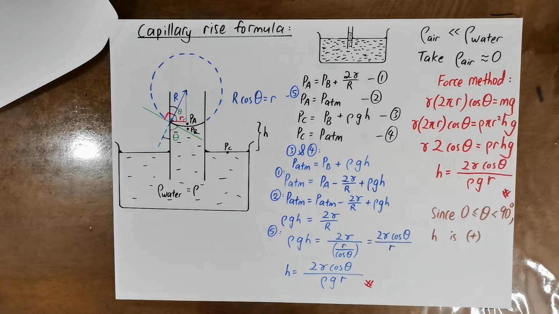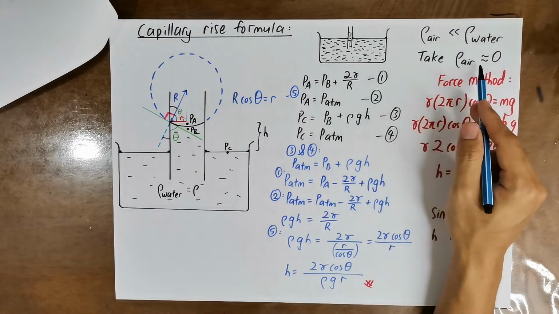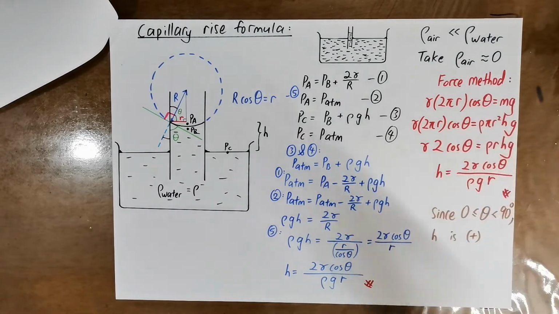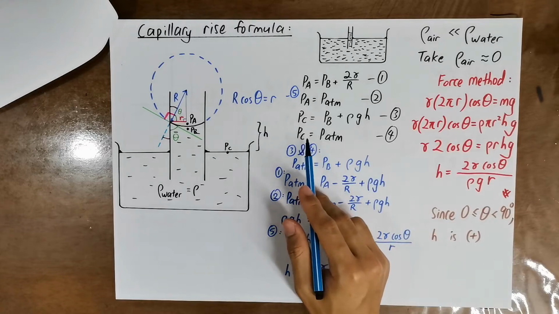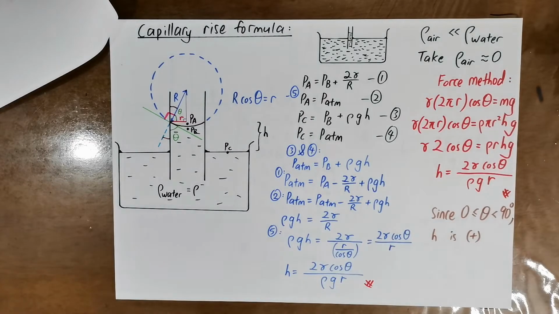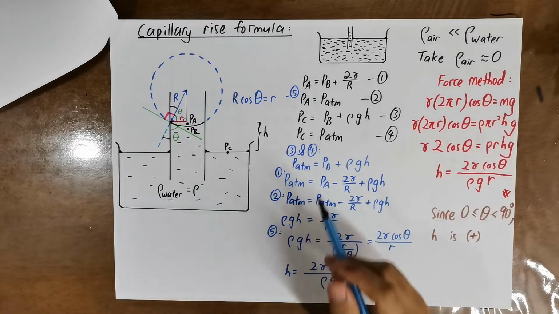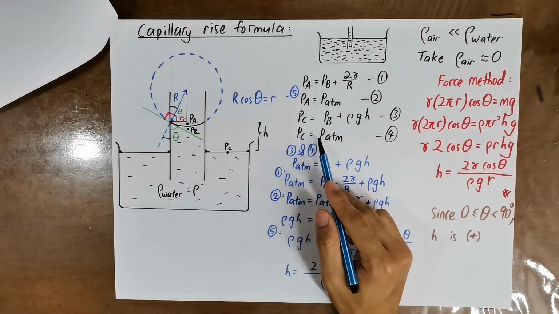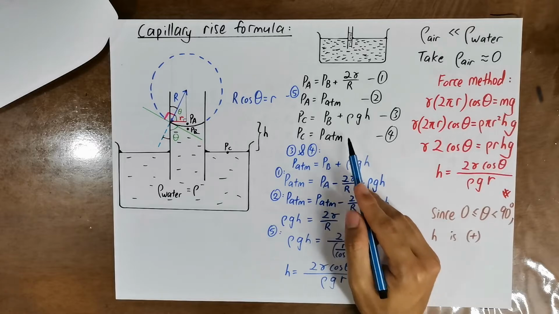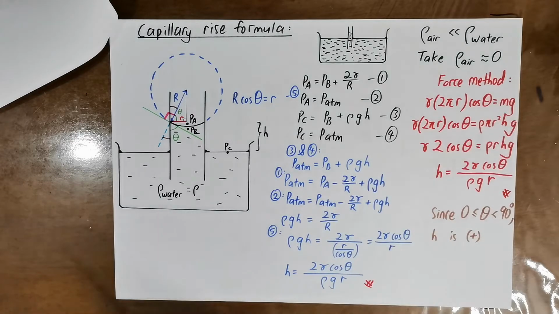If rho A has some very big value, then I have to say that PC is slightly greater than PA, because PC equals PATM plus rho A g h.